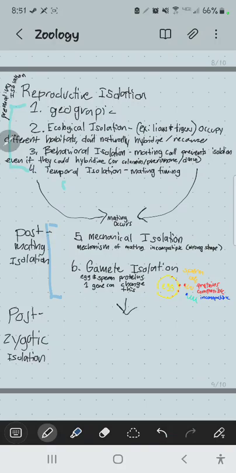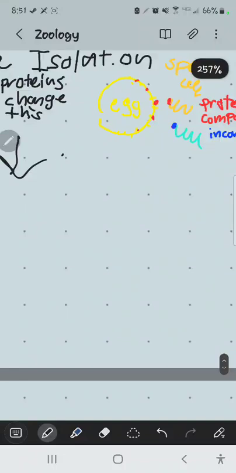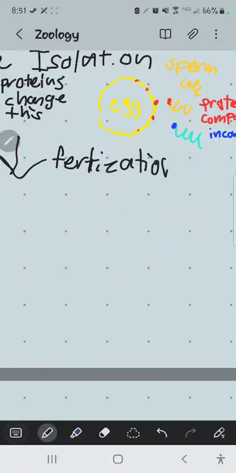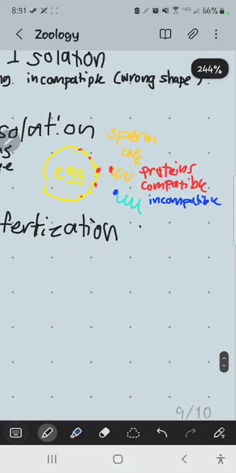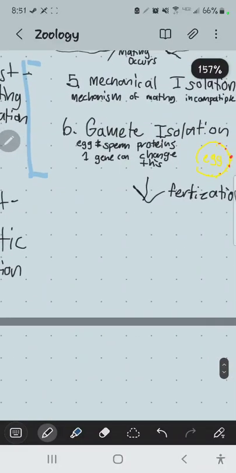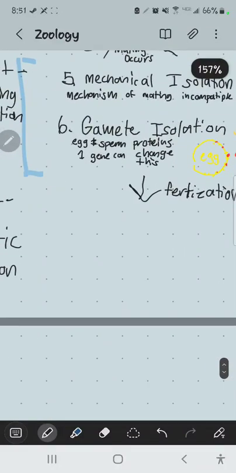And those mechanisms, there's a couple levels of them, but I'm going to combine them all into one. What we're looking at here is a hybrid situation where you have 2 species that combine their gametes, eggs and sperm, and you now have an embryo developing, or maybe even a fully mature organism that develops, but there's still isolation.